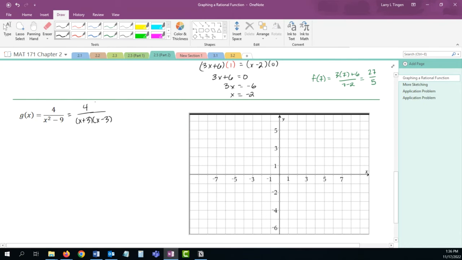Once again, no holes because no shared factors, but I do have vertical asymptotes, and those live where x plus 3 is 0, which occurs when x is negative 3, and where x minus 3 is 0, which is when x is 3.